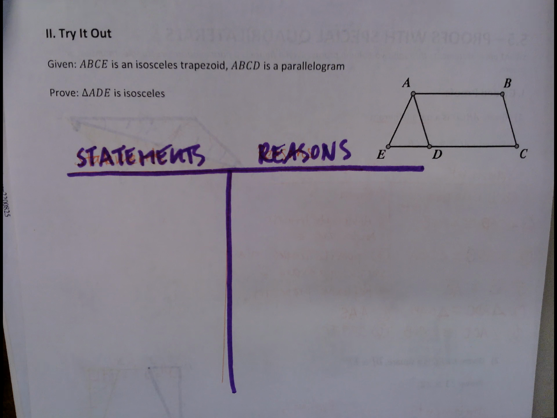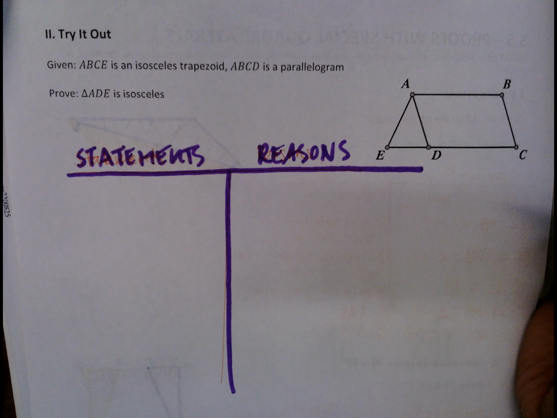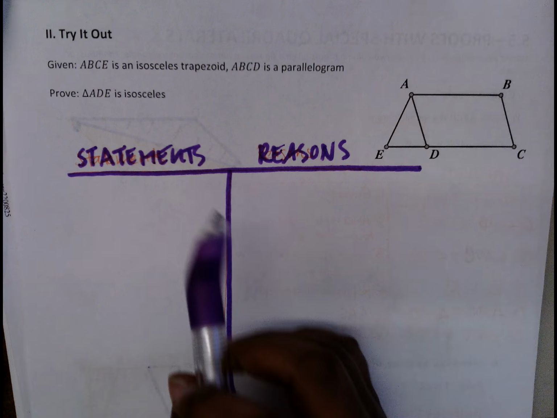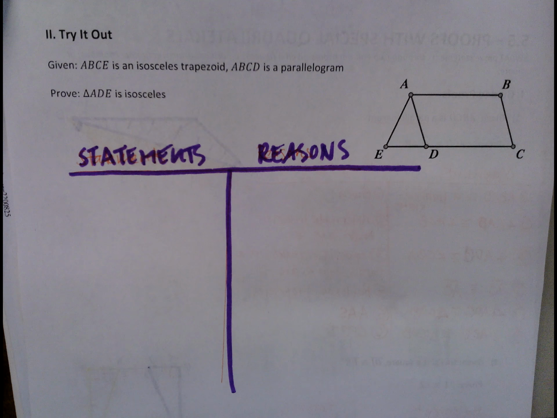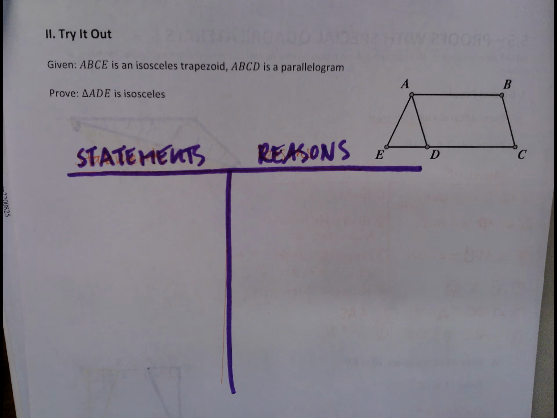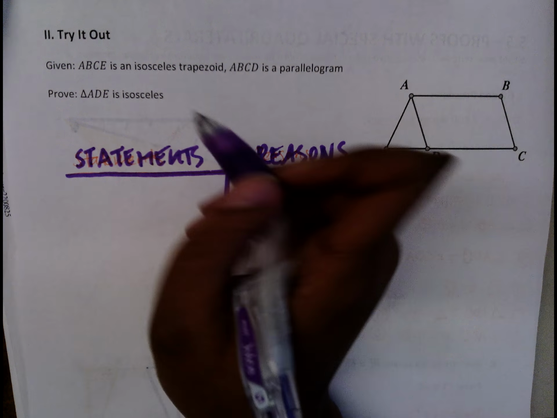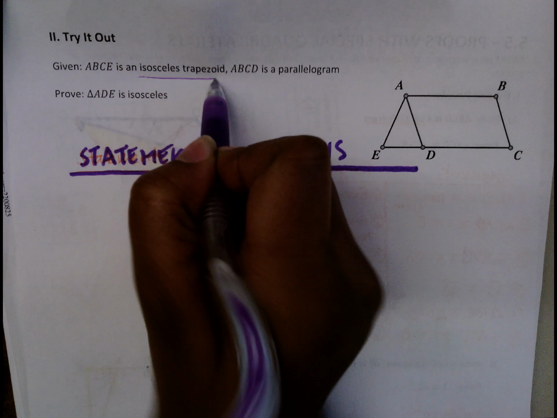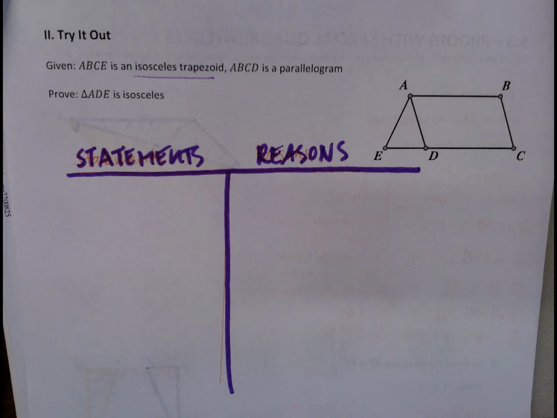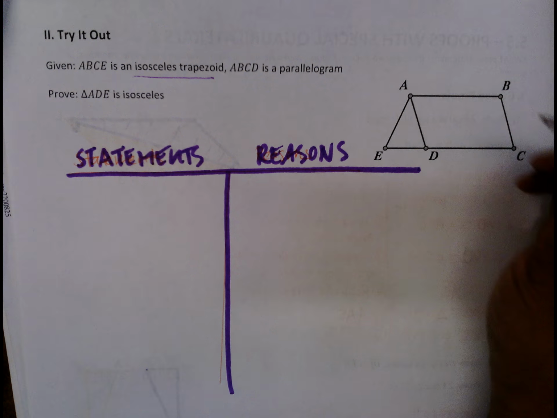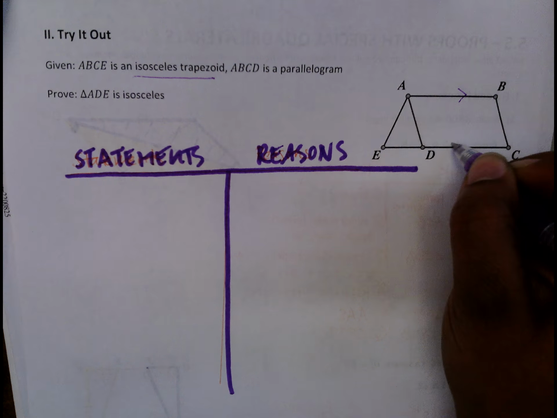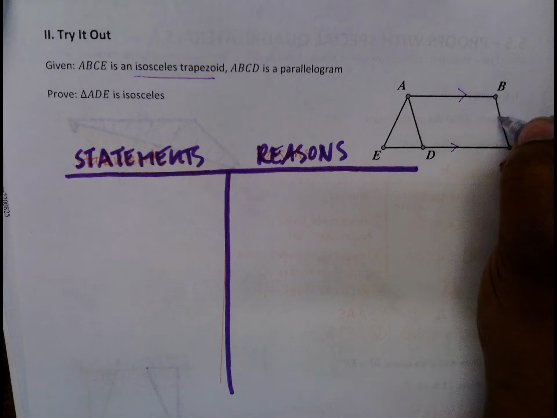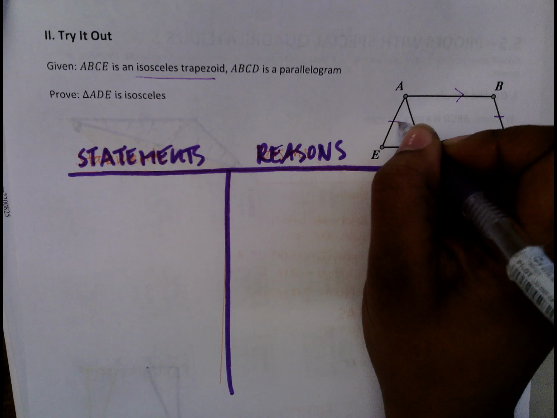So before I start with the statements and reasons, what I always do is I take this information and I process it, I break it down, and then I just mark up the diagram or the figure that's given accordingly. So the key here is isosceles trapezoid. An isosceles trapezoid is a trapezoid with one set of parallel sides, and the non-parallel sides are congruent to each other.